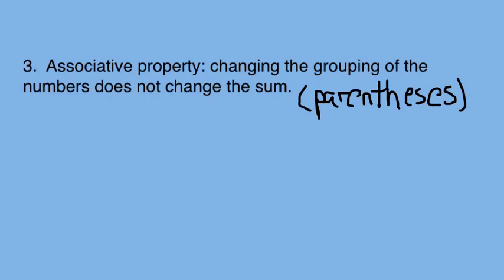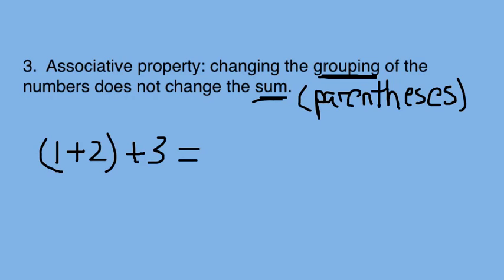The third property of addition is the associative property, which says changing the grouping of the numbers does not change the sum, or in other words, you're still going to get the same answer. In this property, you're going to have grouping symbols such as parentheses or brackets, and we'll go ahead and look at an example. 1 plus 2 in parentheses plus 3 equals 1 plus, in parentheses, 2 plus 3.